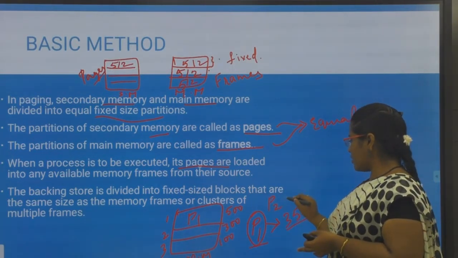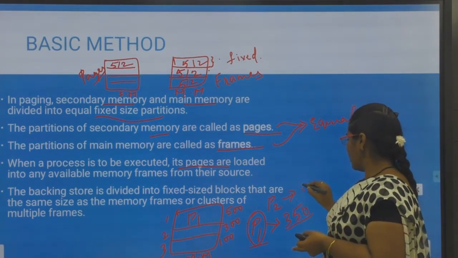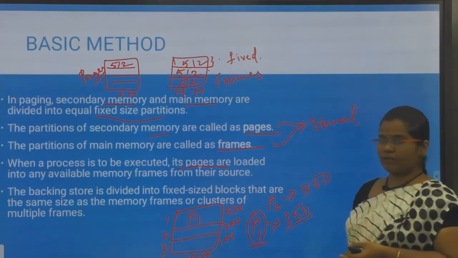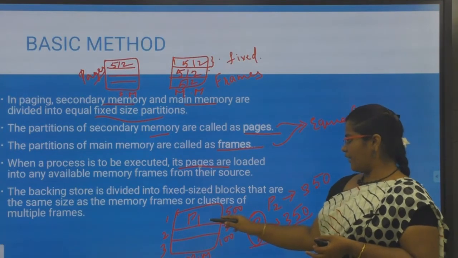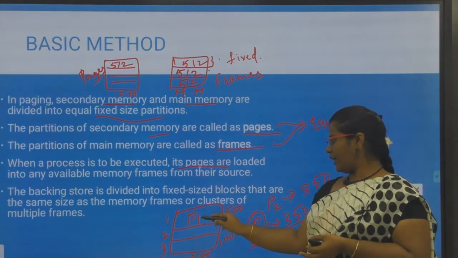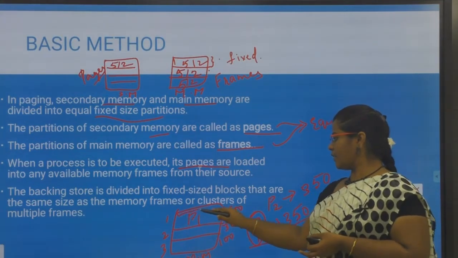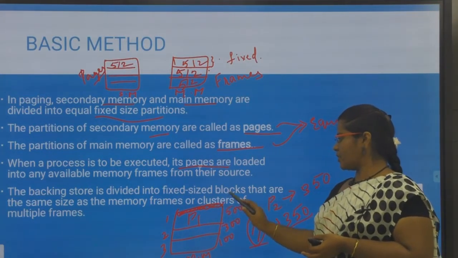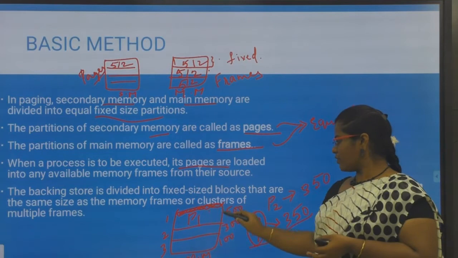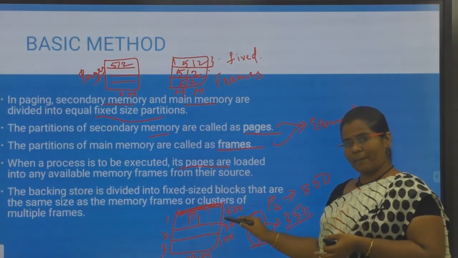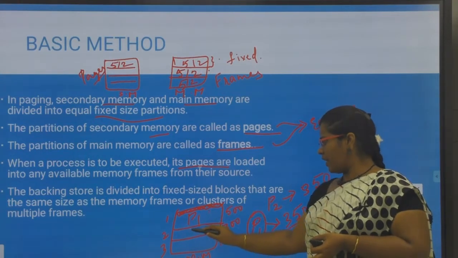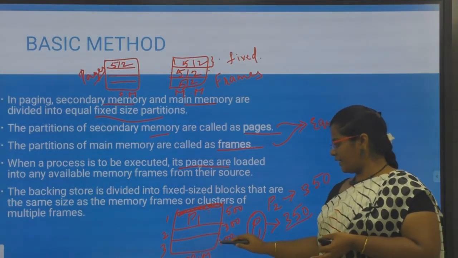Then I have process P2 of size again 350 bytes. After 350 I have 150 bytes of empty space here, since only 350 bytes of this 500 partition were occupied by P1. Here I have 150 bytes, 300 here and 100 here.